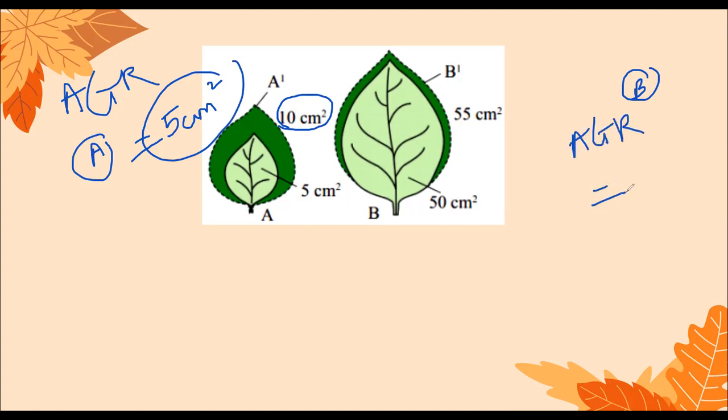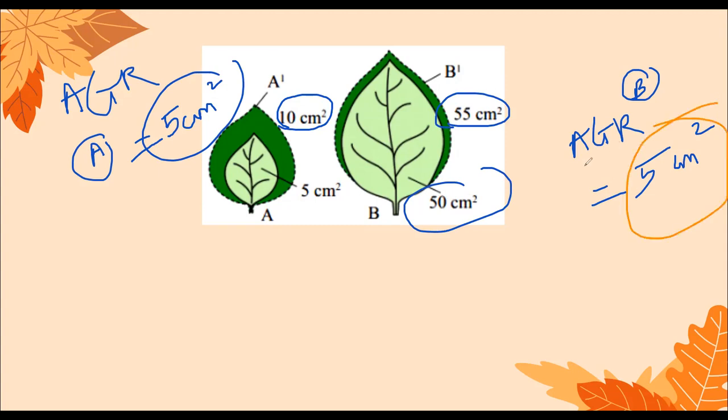Again, from 50 centimeter square it has grown to 55 centimeter square. So again, a difference of how much? 5. So in both cases the growth rate is 5 only. The absolute growth rate in leaf B is 5, and the absolute growth rate in A is also 5. Okay.